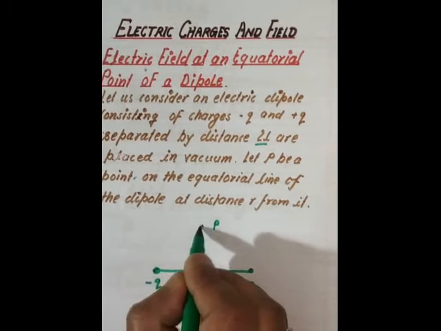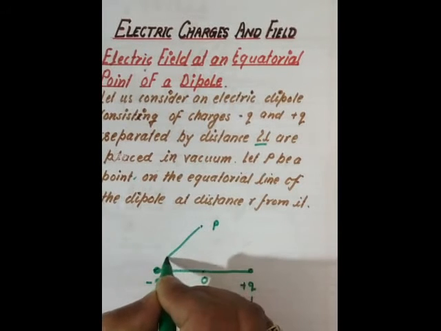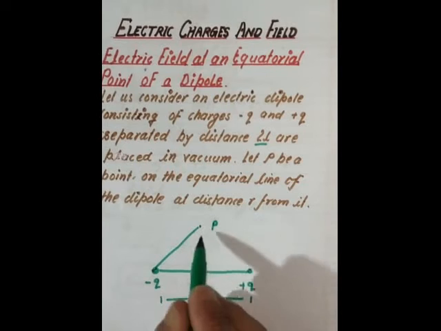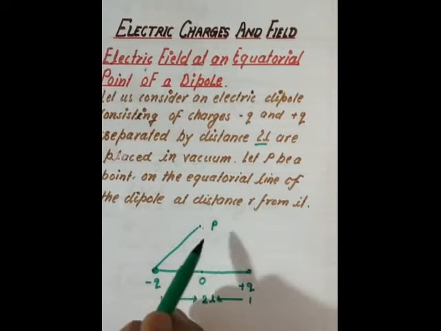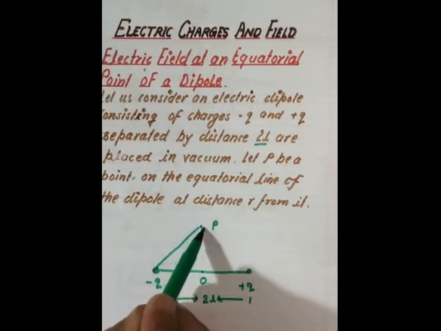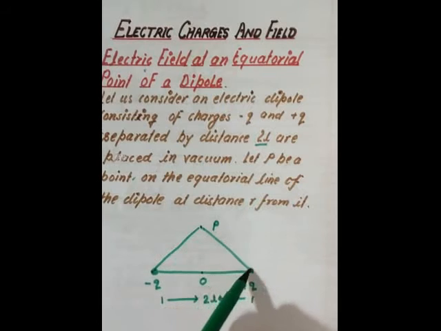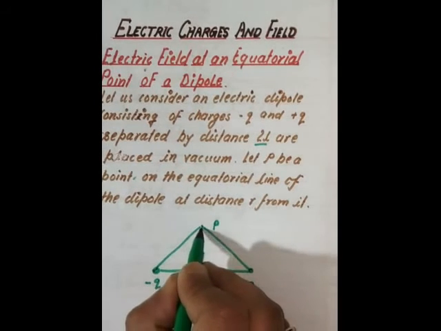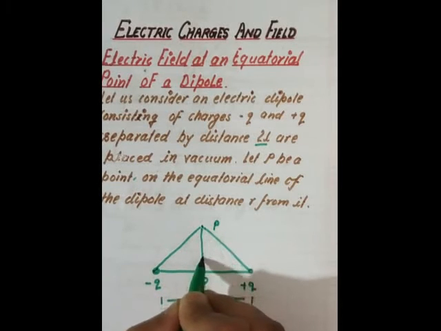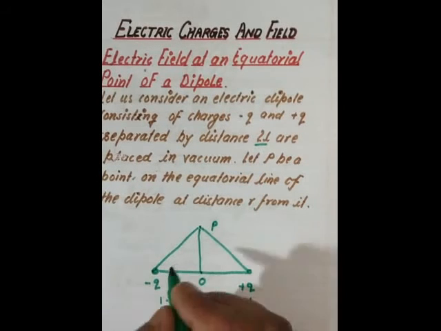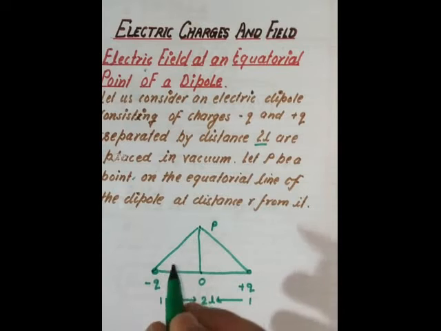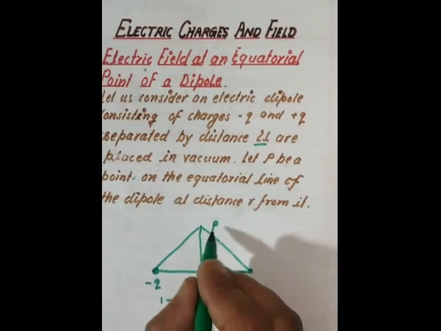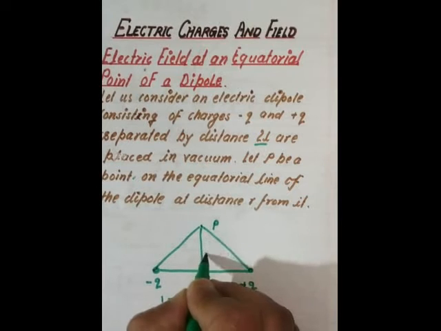Then we join these lines. The distance between the dipole and point P is r.